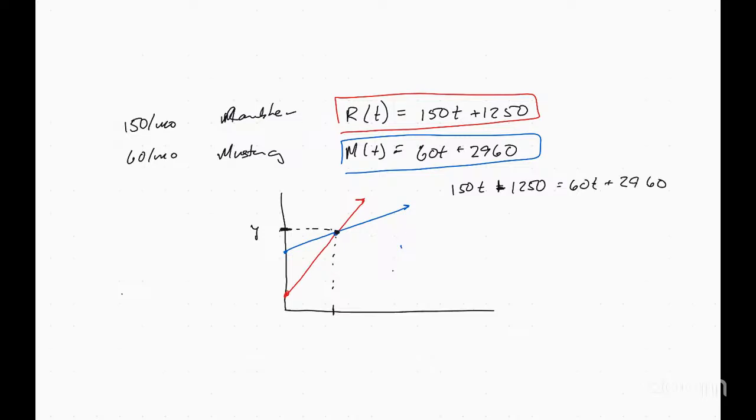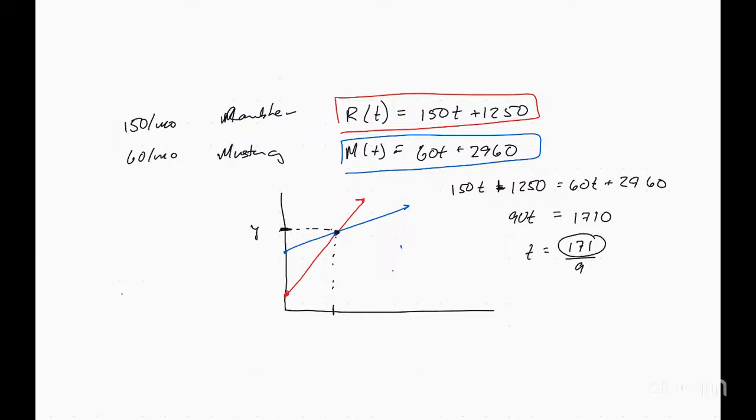So subtract 60t from both sides, that'll give you 90t. Subtract 1250 from both sides, that'll give you 1710. So t equals 1710 over 90, or 171 over 9. And you can tell, with this trick, that 171 is divisible by 9, because if you add up 1 plus 7 plus 1, that number is also divisible by 9.